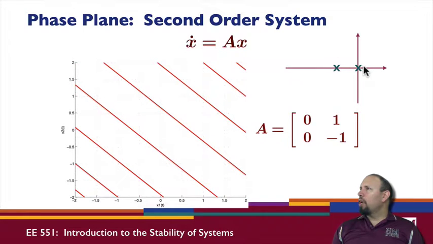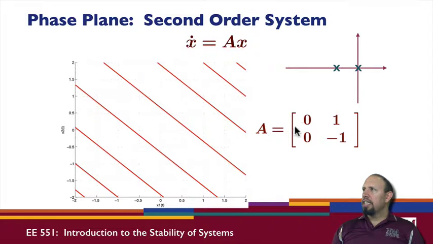Here now we have one eigenvalue at the origin and the other eigenvalue over here, and this is the kind of response we get. Notice that it doesn't settle to the origin like the other cases. So it continues, but it doesn't stop at the origin. And the response from this one, for example, never goes towards the origin.